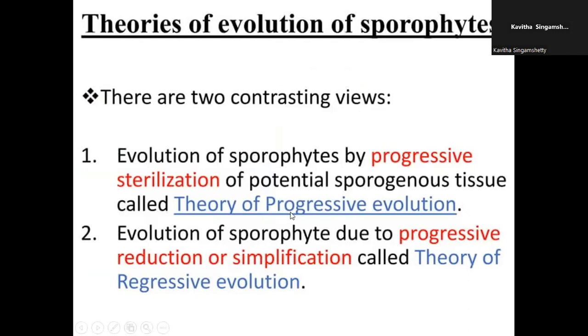This is called the theory of progressive evolution. The other, controversial view says that there is a progressive reduction or sterilization. This we call the theory of regressive evolution. These are the two controversial views put forward to explain the evolution of the sporophyte.